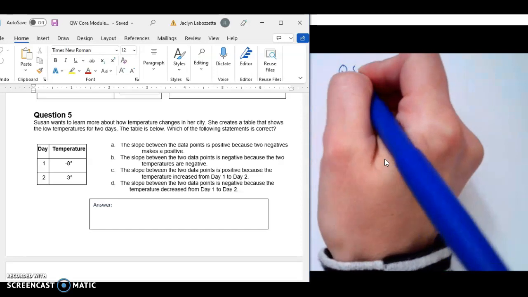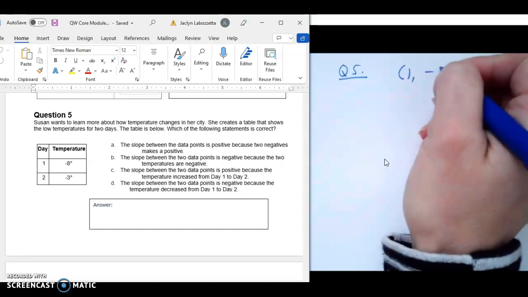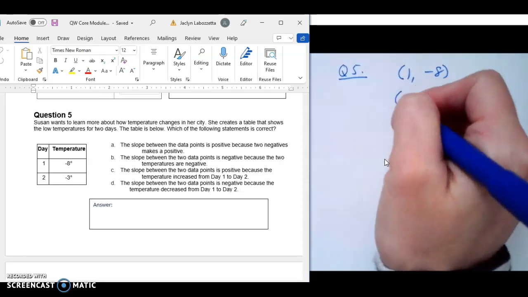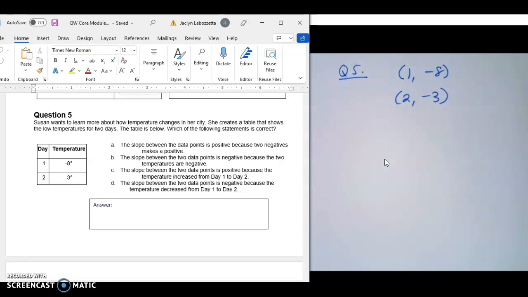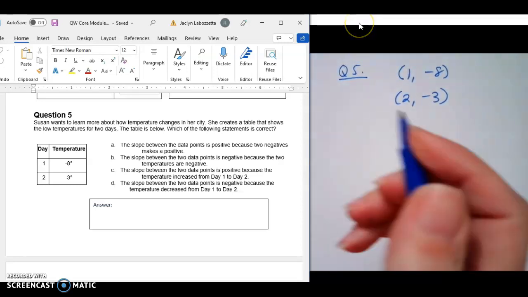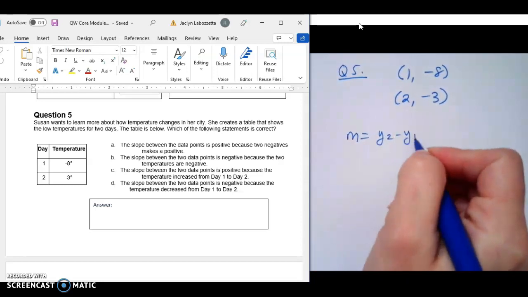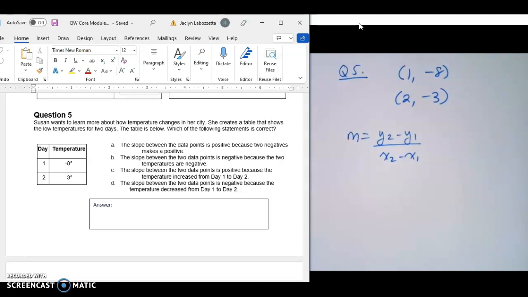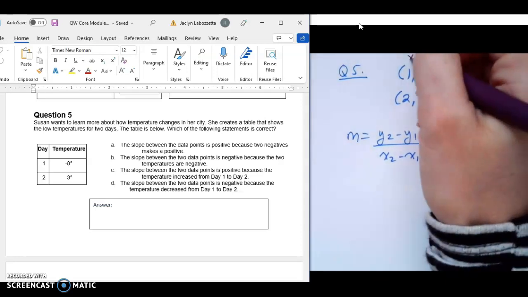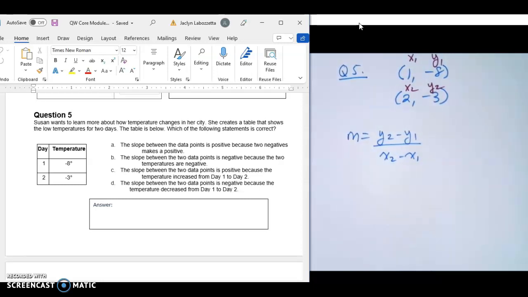All right, so our ordered pairs are (1, -8) and (2, -3). So don't forget your formula for slope: m equals y2 minus y1 over x2 minus x1. My ordered pairs, I'll label x1, y1, and then x2, y2.